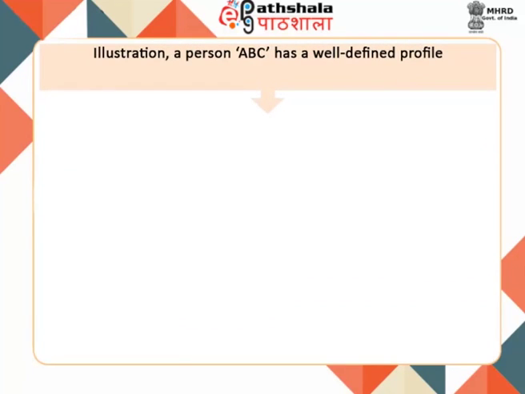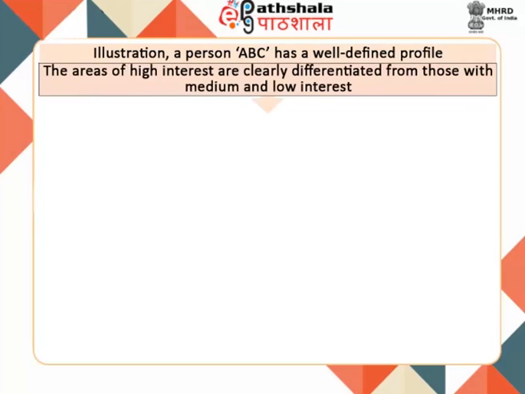Illustration: a person ABC has a well defined profile where his level of interest is high for some occupational groups, medium for others, and low for the remaining groups. The areas of high interest are clearly differentiated from those with medium and low interest.